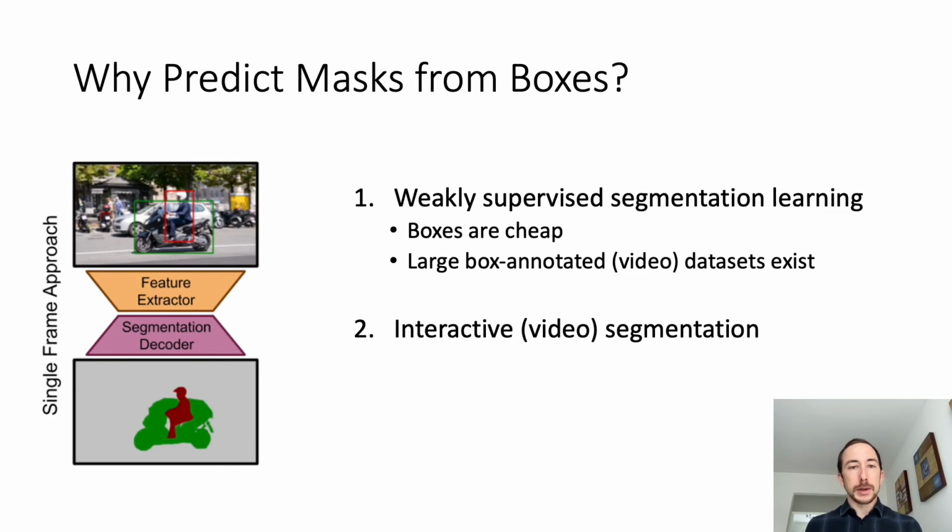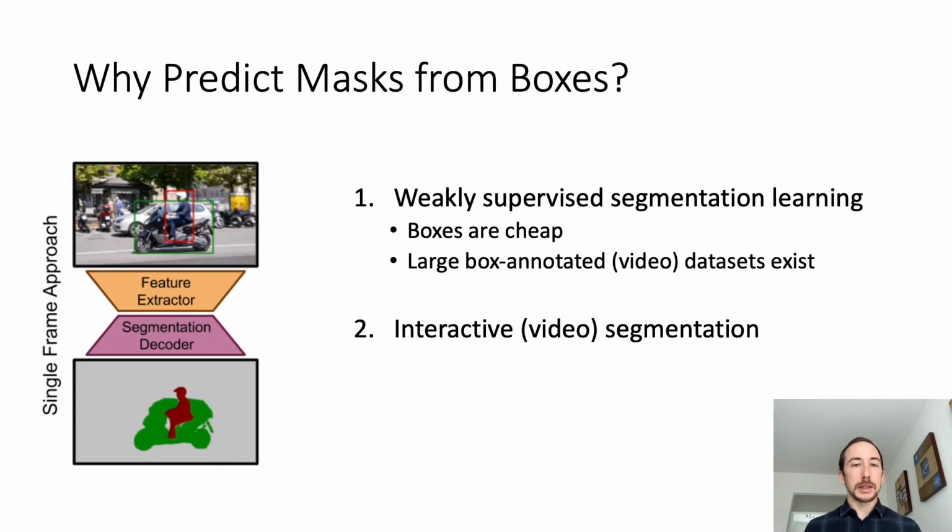And we also have very large scale, especially video datasets that are annotated with bounding boxes. So if we could convert these to segmentation masks, we could produce segmentation annotated datasets which we could then use to train our video object segmentation or video instance segmentation approaches in a kind of weakly supervised way.